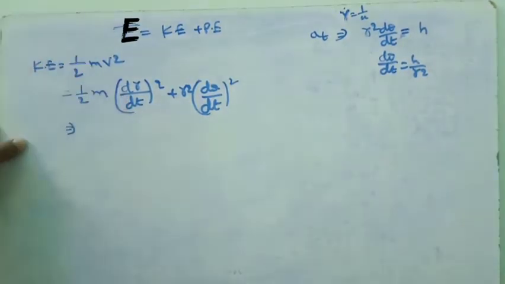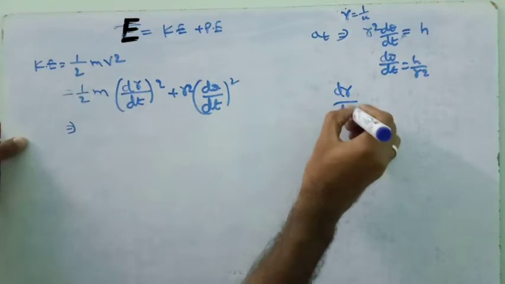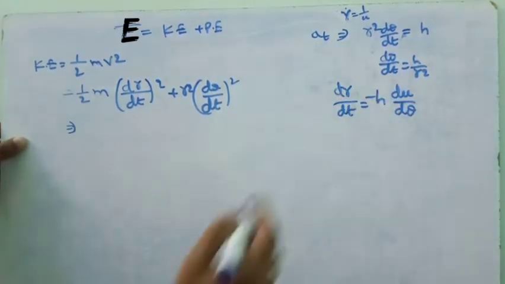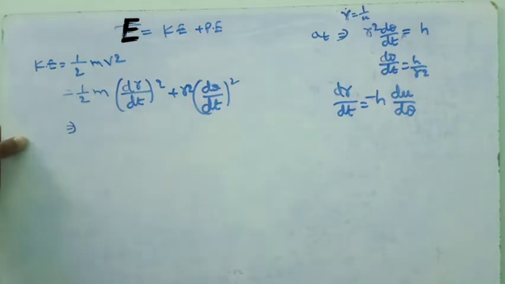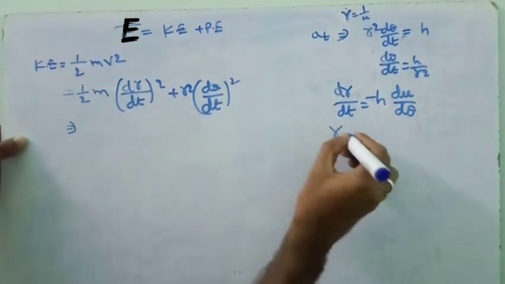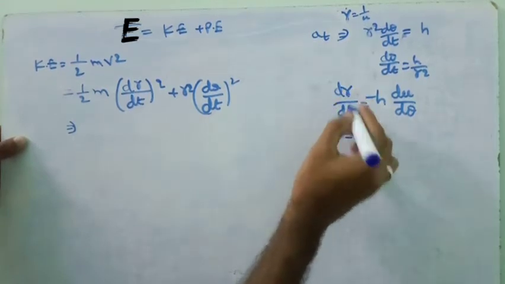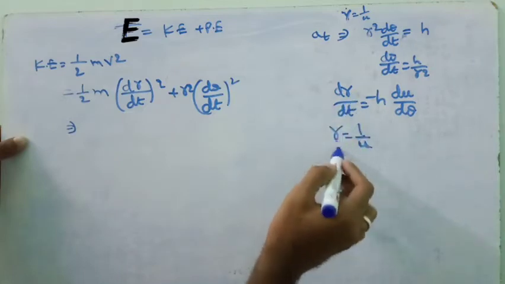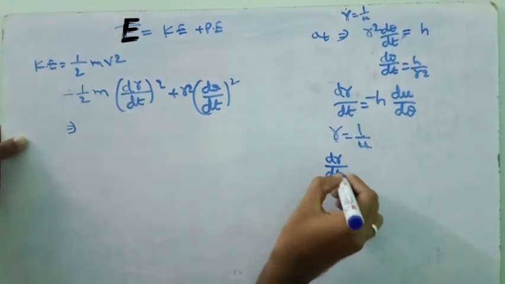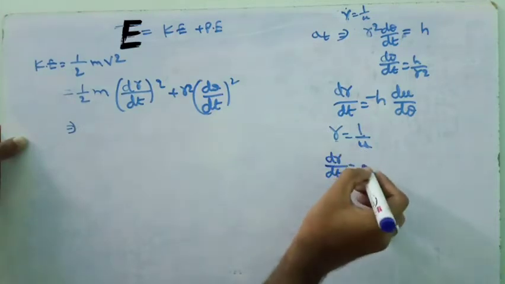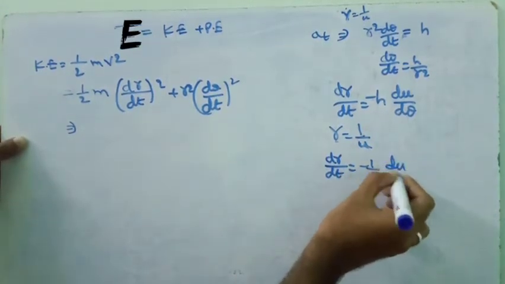We have this from the equation of motion under central force: dr by dt is minus h du by d theta. But how did this value come? r is equal to 1 by u. We need dr by dt, which means differentiation of r with respect to t. So dr by dt is the differentiation of 1 by u with respect to t, which is minus 1 by u square du by dt.